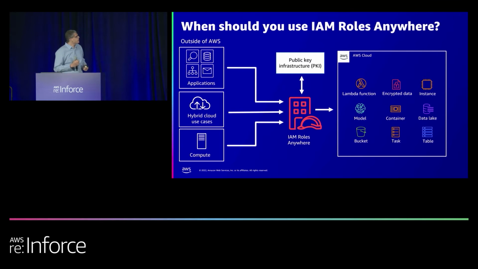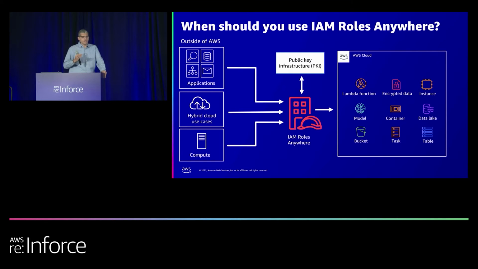One of the use cases is that you can use IAM Roles Anywhere to back up your on-premises data to an Amazon S3 bucket. Another use case is giving your workloads running outside of AWS access to AWS Secrets Manager.